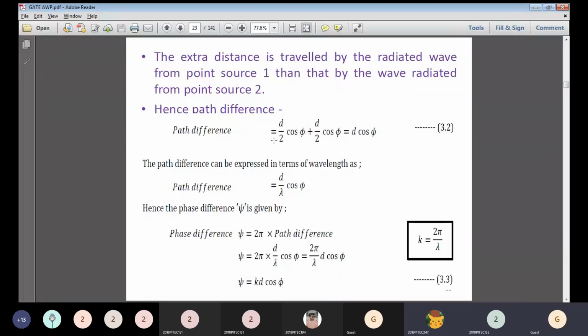Hence, the phase difference psi is given by the following. First we have seen the path difference; next, the phase difference. Phase difference psi equals 2 pi into the path difference. The path difference is D by lambda into cos phi, so psi equals 2 pi by lambda into D cos phi.